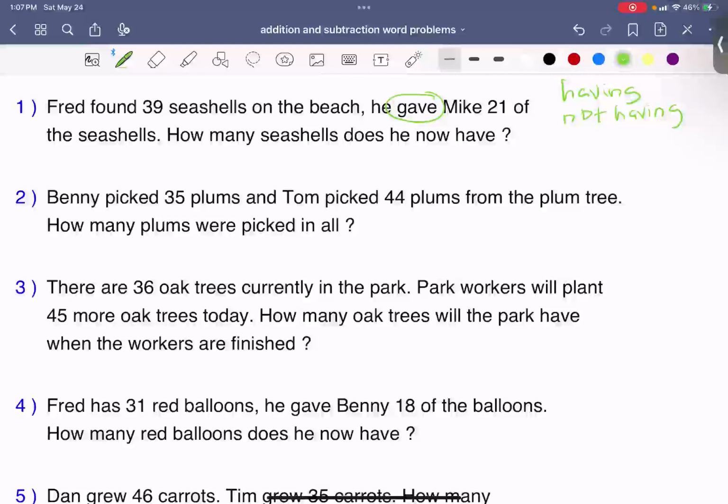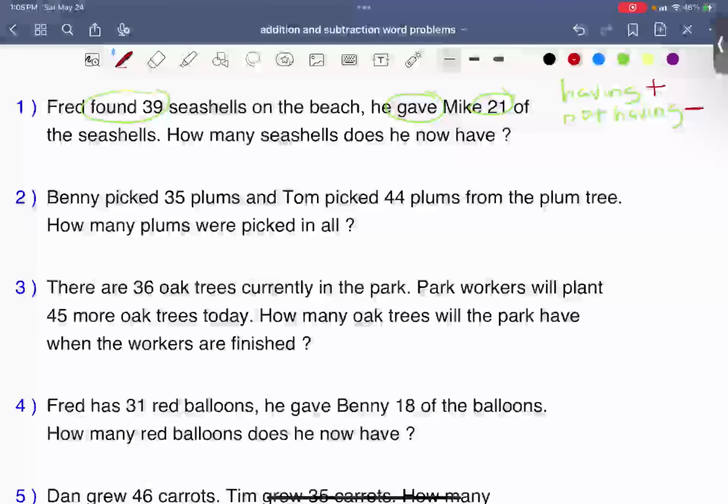So I see found 39 seashells. I also see 21. So gave is a not having word because if I have something and then I gave it to someone else, that means I'm losing. So not having means subtraction and having means addition.